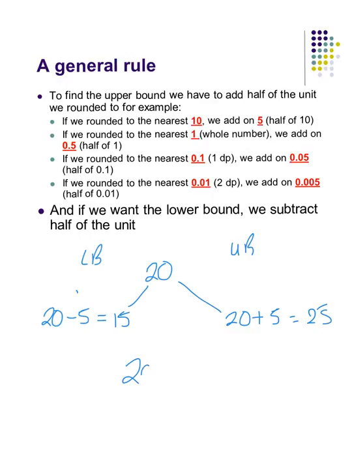And we could write that as 20 plus or minus 5. Now, if we're rounding to the nearest whole number, we would add or subtract. Let's make it a bit bigger.